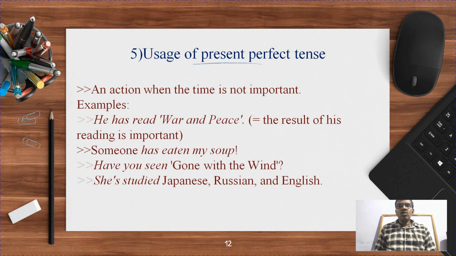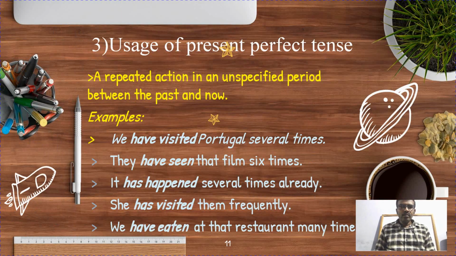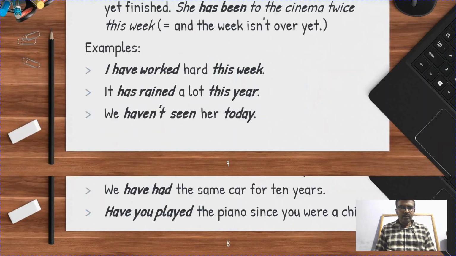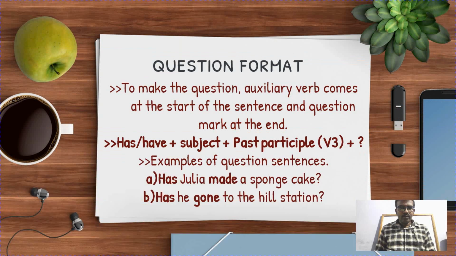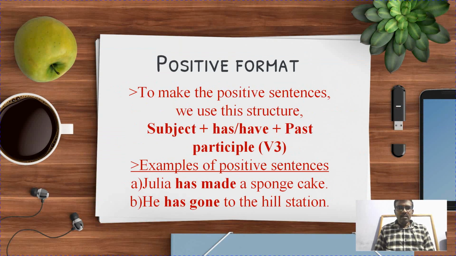Let me tell you one more time. The basic format is, don't forget it ever in your life: subject plus has/have plus past participle. Subject means your name, country name, tree name, animals' names, birds, reptiles, lizards, whatever it may be.